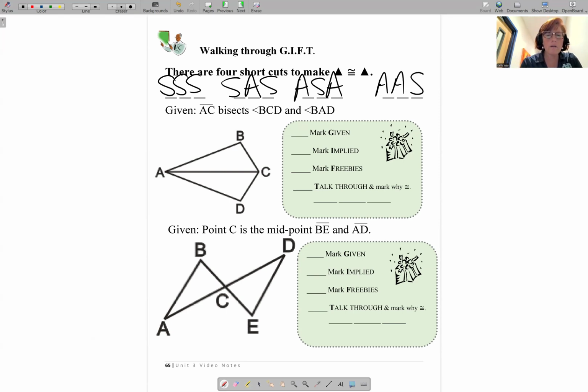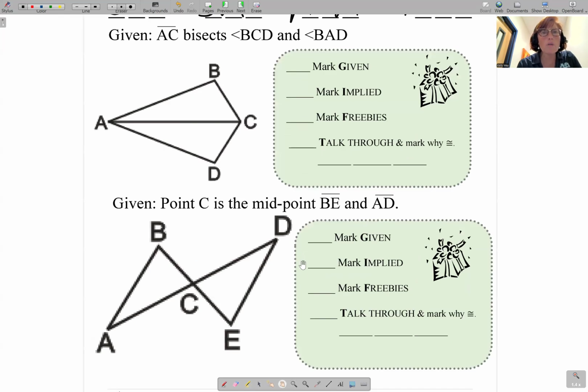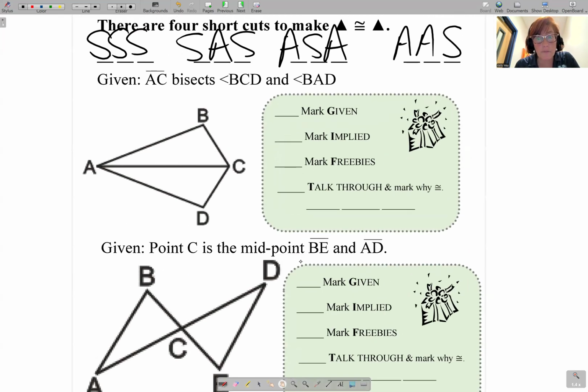And right here, I'm going to walk you through what's called gift. We are told that AC, the segment, bisects angle BCD. BCD, that's a bisector going that way.